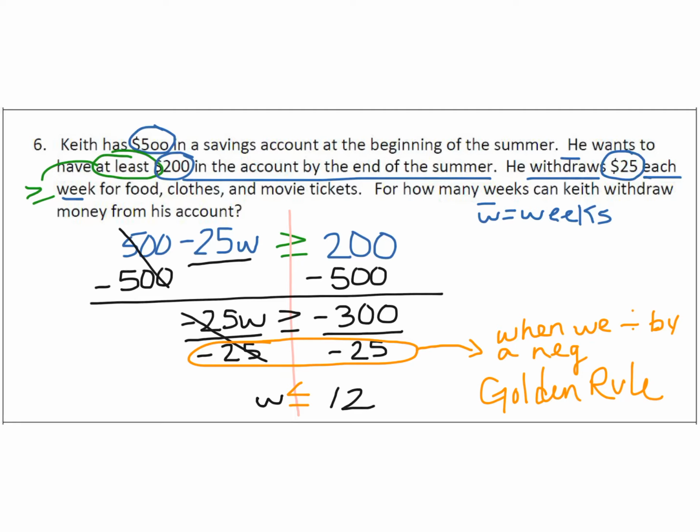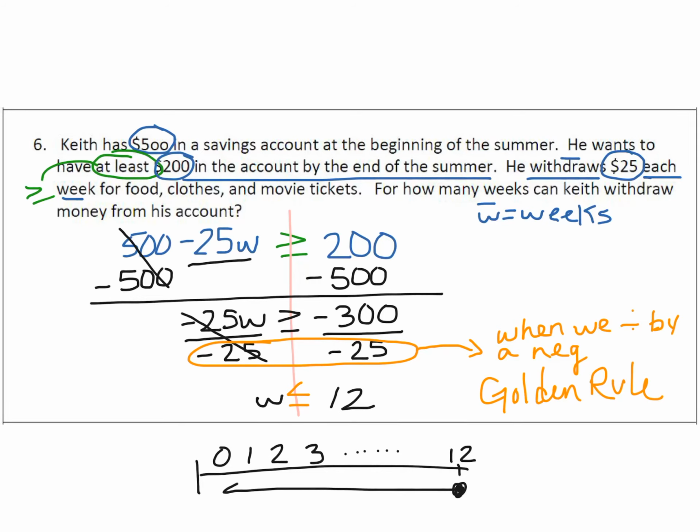This means that Keith can withdraw money out of his account for 0 weeks, for 1 week, for 2 weeks, for 3, all the way up to 12 weeks. But after 12, he cannot pull out any more money. So it is 12 and then less than 12, okay?